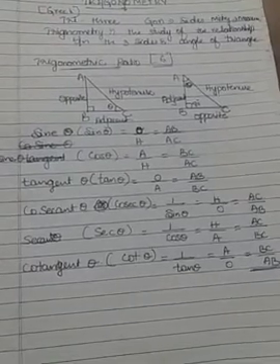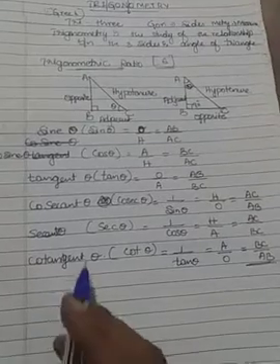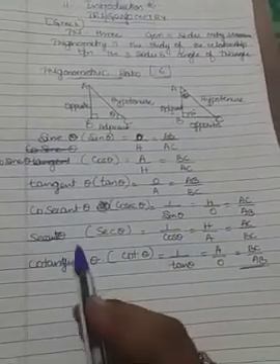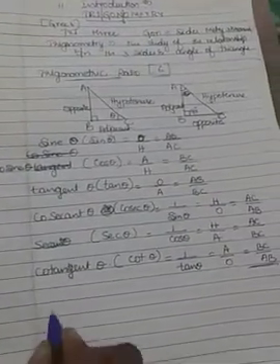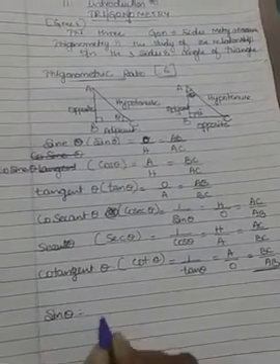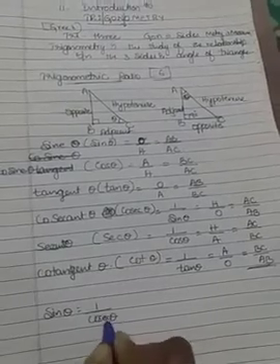Next are some relations between these. I told you already, cosecant theta is the reciprocal of sin theta, and sin theta also we can take as the reciprocal of cosecant theta. Sin theta is 1 divided by cosecant theta, so we can take the reciprocal.